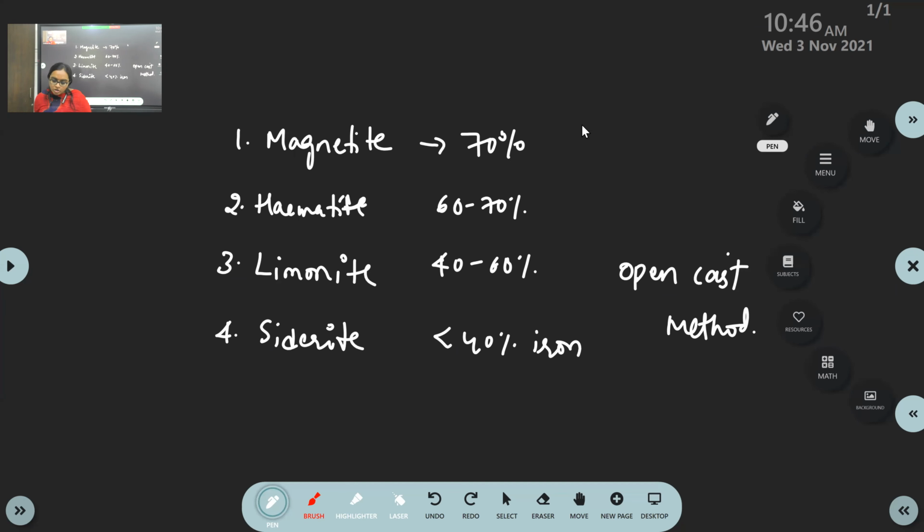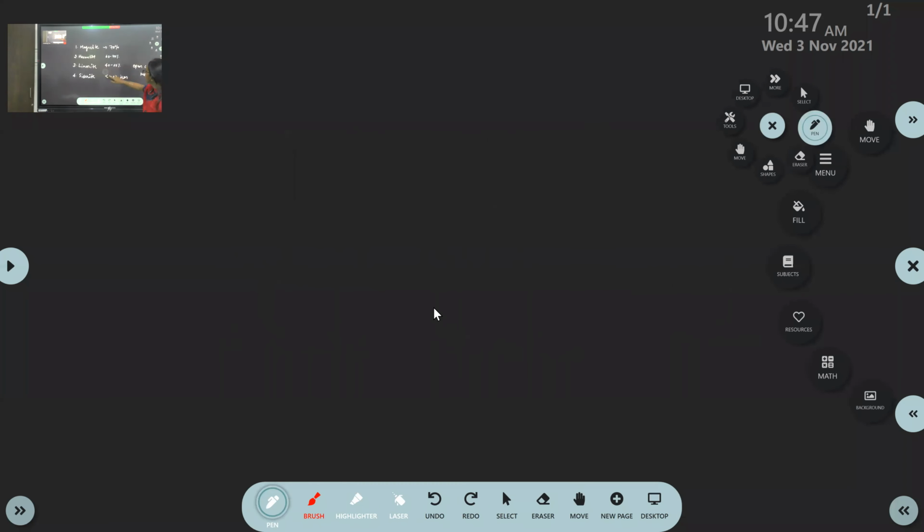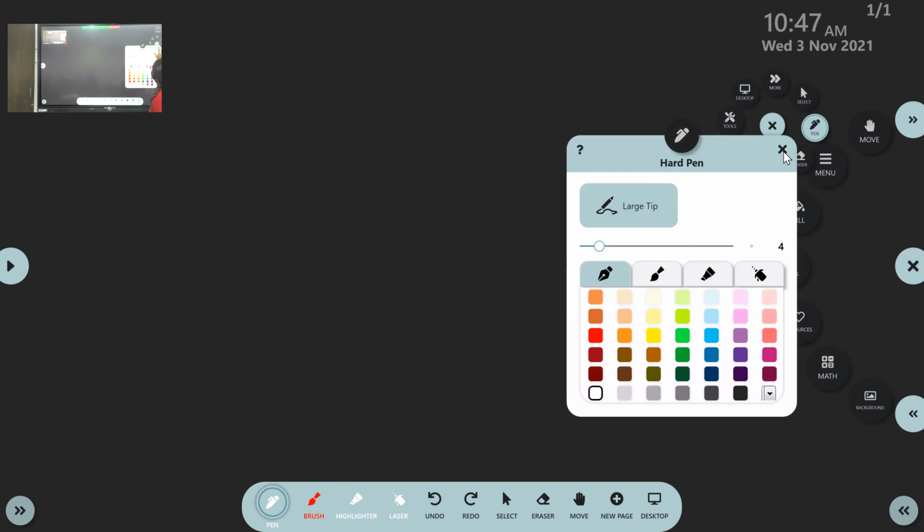Almost all the states of India produce limestone.